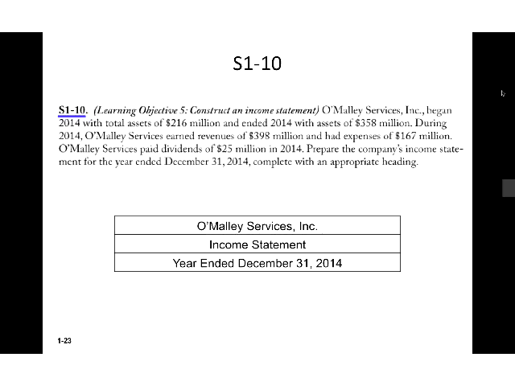That will be true on every real-life company that has prepared statements in accordance with GAAP. So this is O'Malley Services Incorporated. That's because as an investor, you pick up a statement, you want to know what company does this statement belong with and what does it cover.